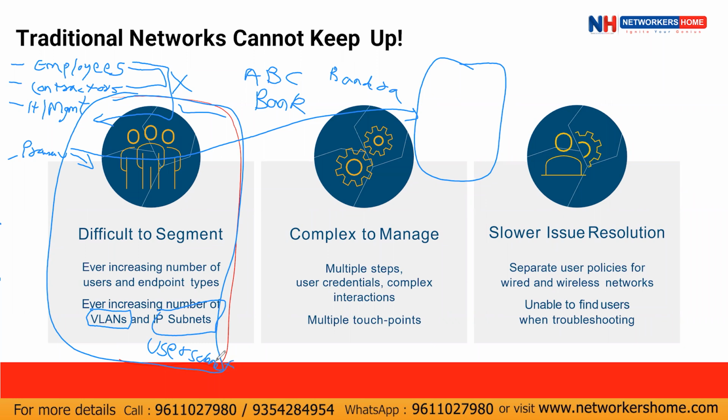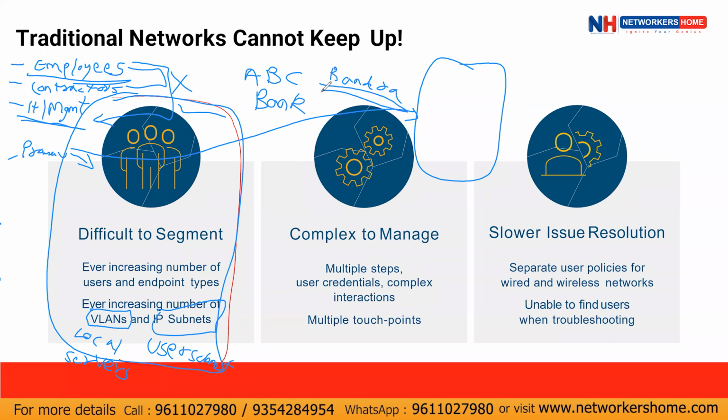Then they check if I have any special privileges, whether I belong to higher management; I am just an employee. It is very difficult to segment this, right? And on top of that, they have different VLANs for managing the local servers because that runs the banking software or some local applications specific to this branch.